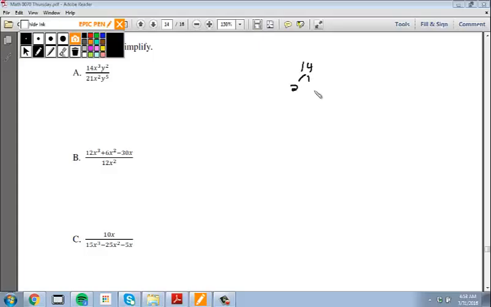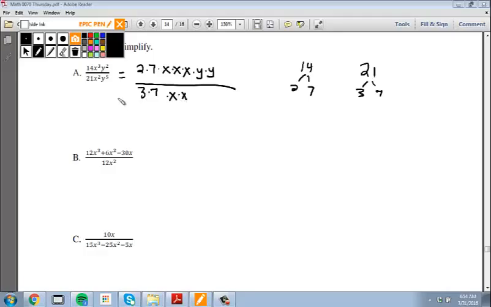That's 2 times 7. And then we have x to the third, x, y squared, y. Then we have the 21. That's 3 times 7. So 3 times 7, x squared is x, and then y to the fifth is y.